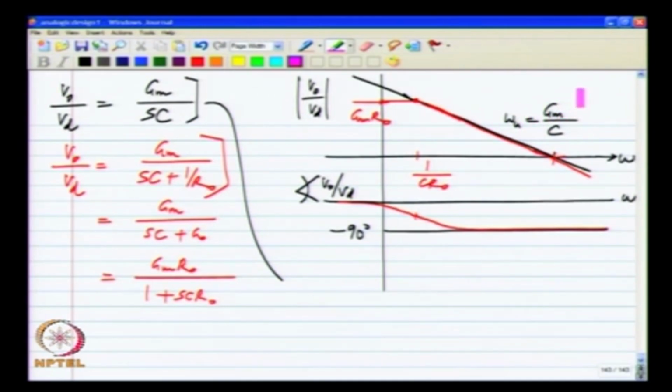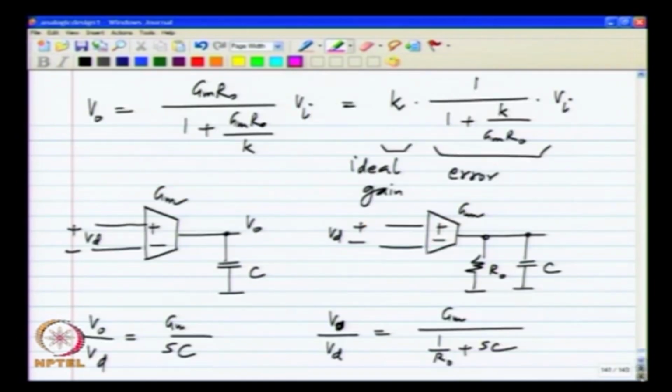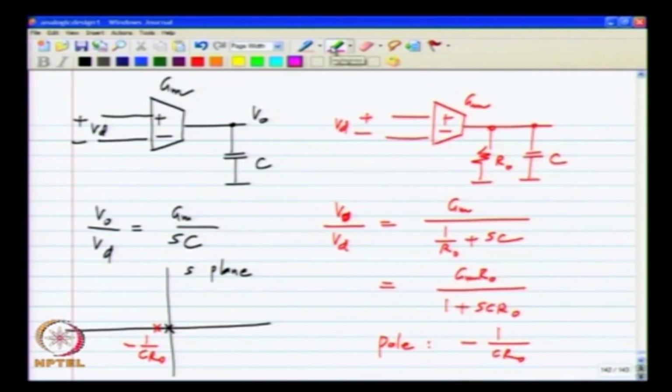So, in circuit terms what this means is that at low frequencies all of the current from Gm goes into R naught, whereas in the ideal case the current from Gm always goes into the capacitor. So, that is a substantial difference, but at high frequencies the impedance of the capacitor is much less than the impedance of this output resistance R naught.